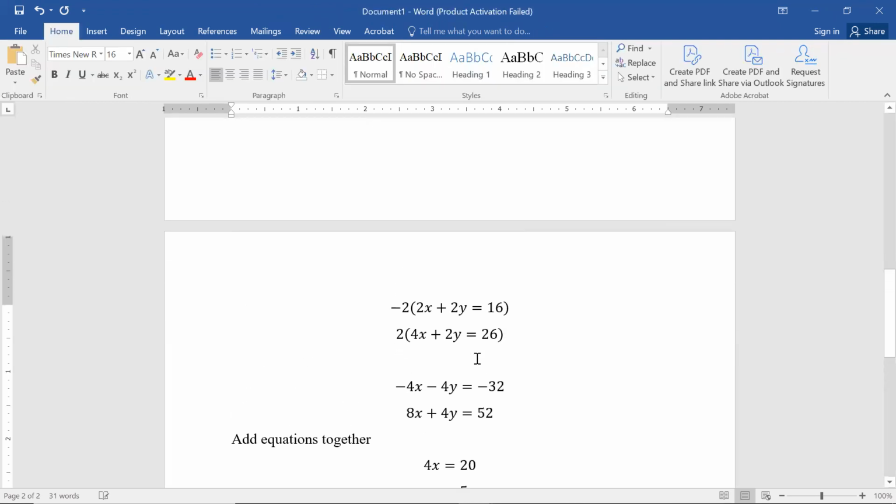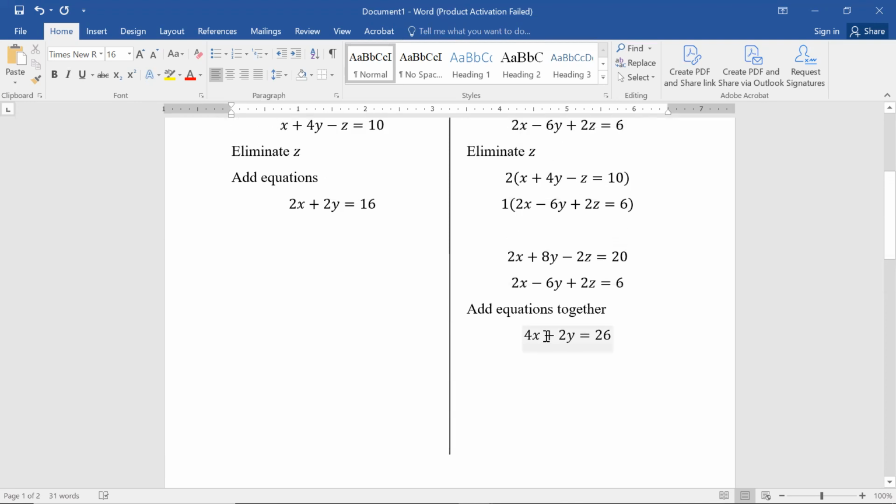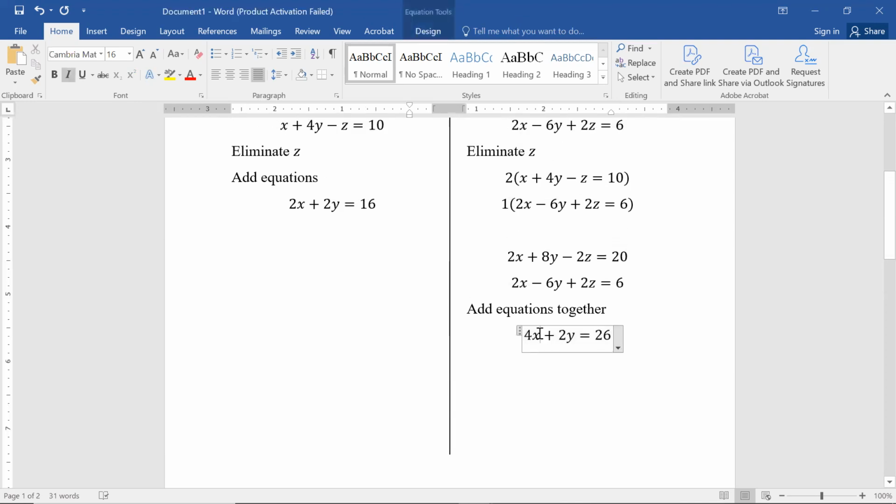To get the other values, I go back up. I can either use this equation or this equation. It doesn't matter which. I think I will use 2x plus 2y equals 16.